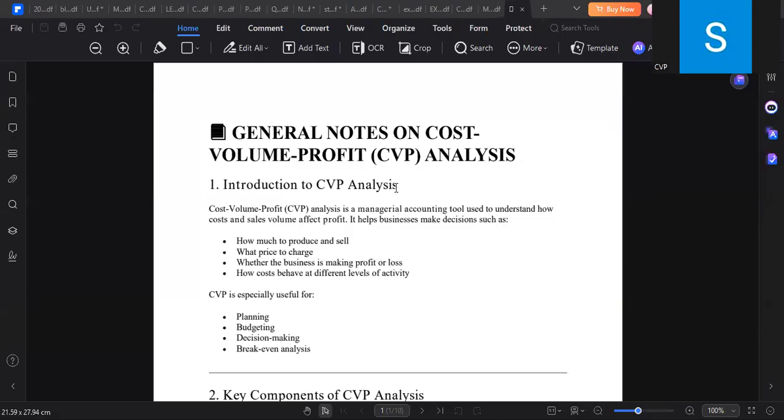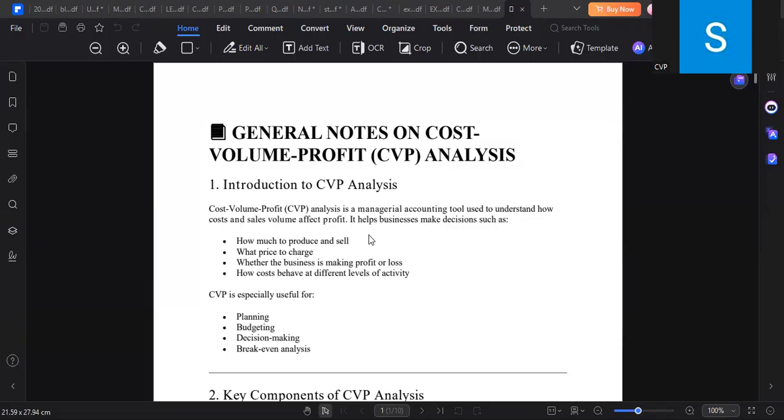Our session today will look at what is known as the cost volume profit analysis. Others call it the break-even point analysis, the BEP. So the cost volume analysis is a managerial accounting tool mainly used to understand how costs and our sales volume affect our profit.